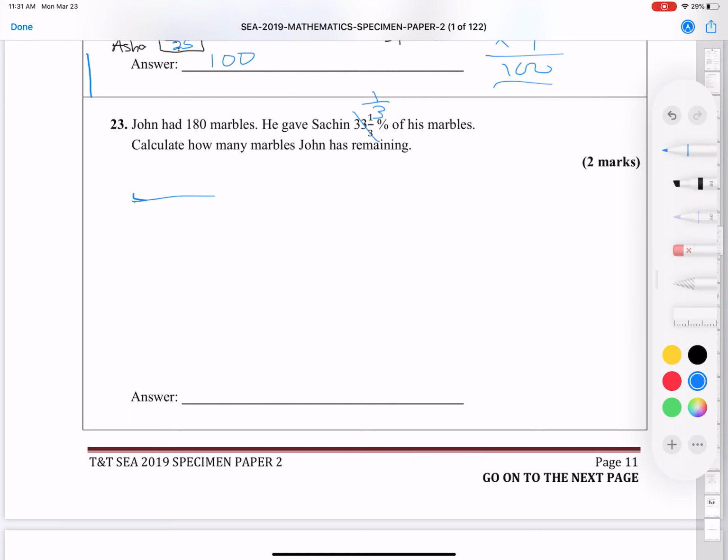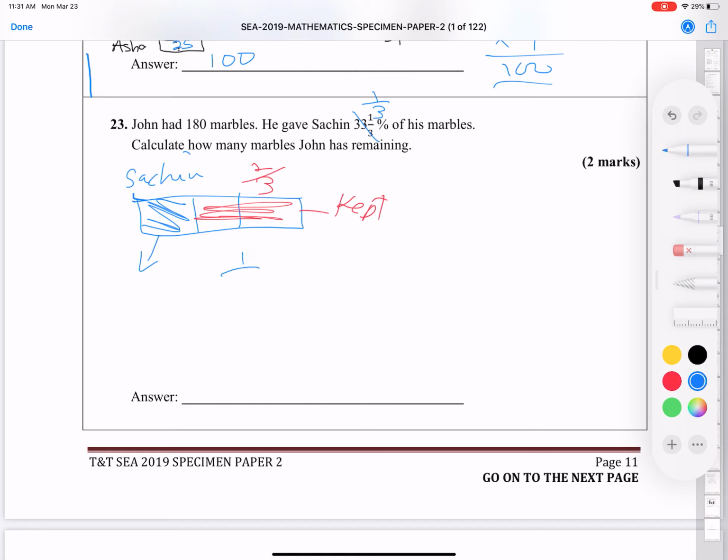So he gave Sachin 1/3 of his marbles. 1/3 is 3 equal parts. This is what he gave Sachin, and this is what he kept, which is 2/3.